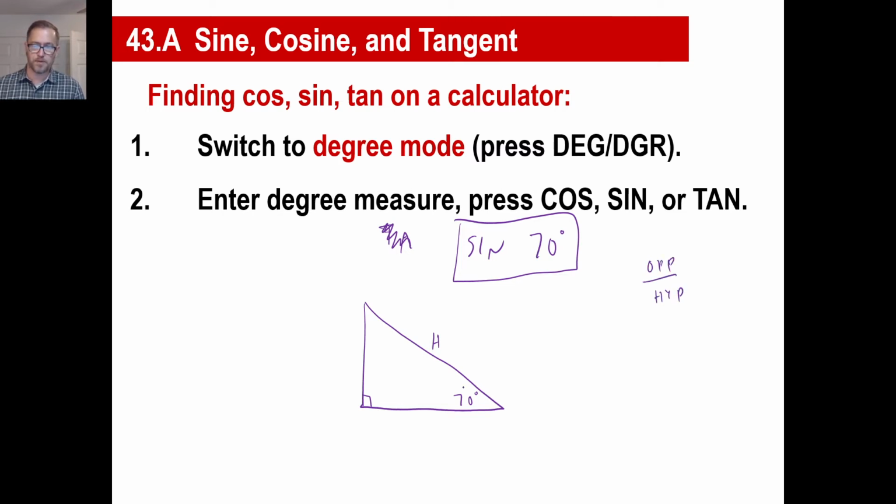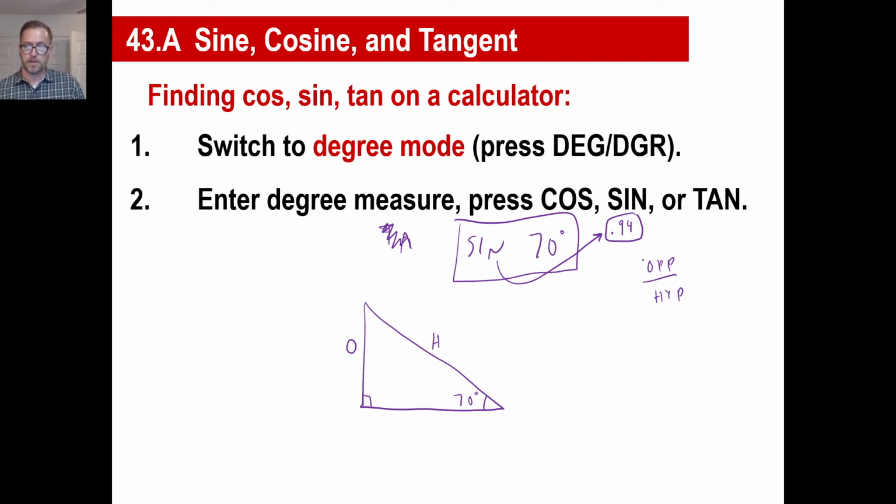Okay, so the opposite of, there's your 70-degree angle. There's the opposite side right there. We'll call it O. All right. So when you type in sine of 70 and it goes, oh, the answer is 0.94, see that on your calculator? 0.93969 or whatever. Okay. When they say the sine of 70 is 0.94, what that means in plain English is this.